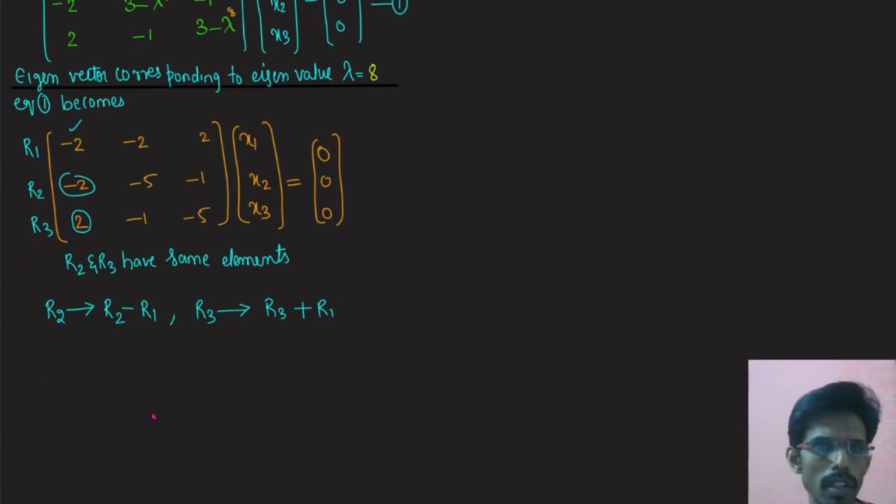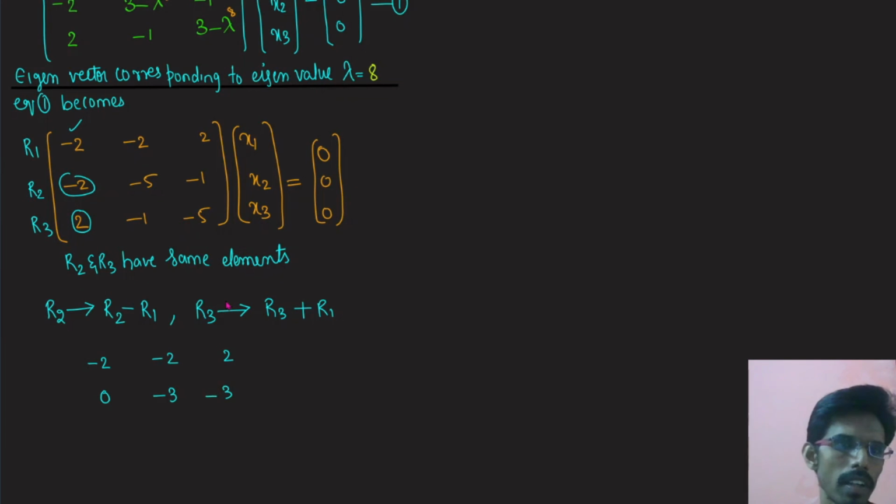Now this system of equations will become minus 2, 2. Then R2 minus R1: 2 minus 2 will be 0, minus 5 minus of minus 2 will be minus 3, minus 1 minus 2 will be minus 3. Next, 2 plus 2 will become 0, and minus 5 plus 2 will be minus 3.